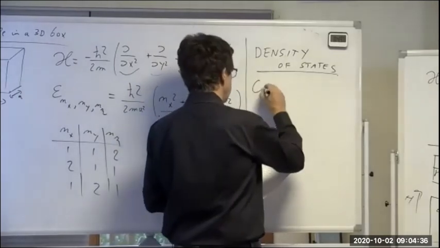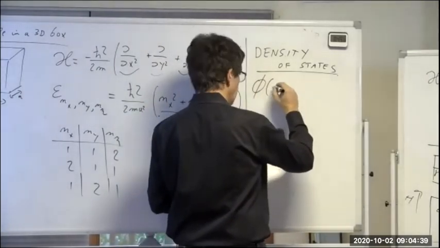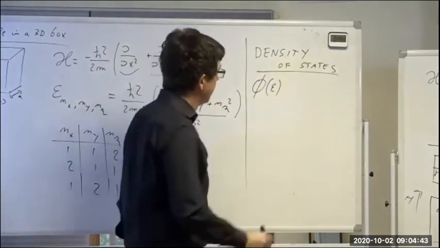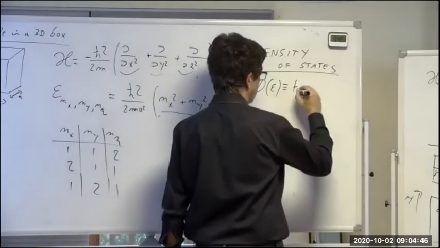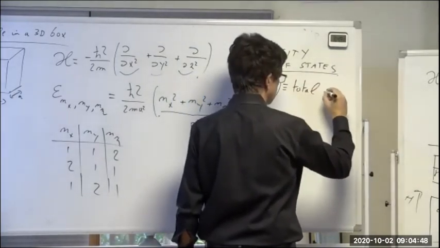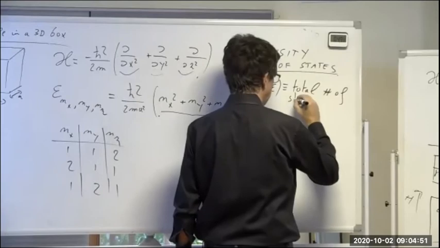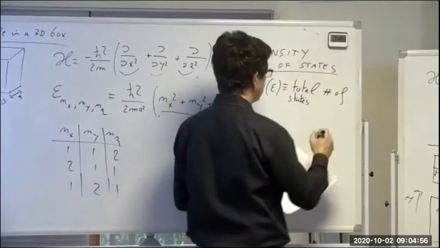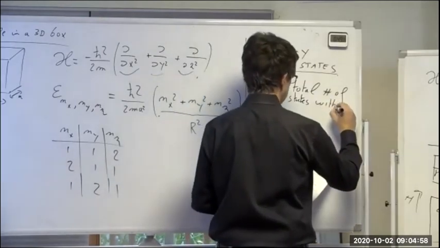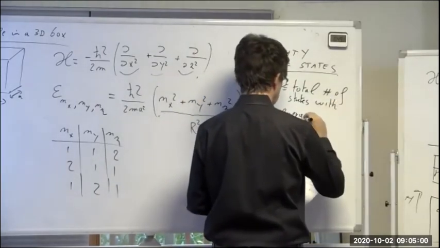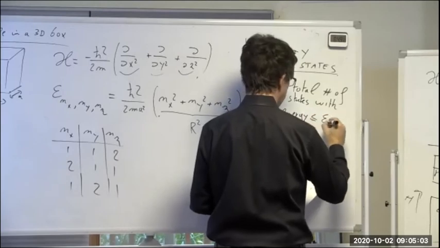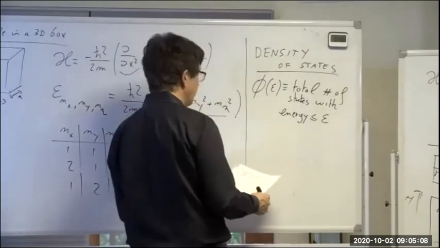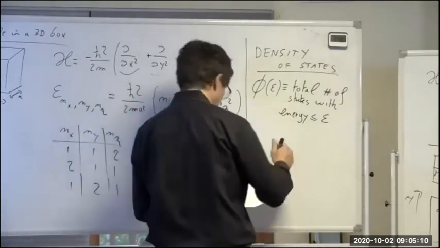So if I define psi of epsilon as the total number of states contained within this energy, so with energy less than or equal to epsilon, then the density of states is formally derived as the derivative.